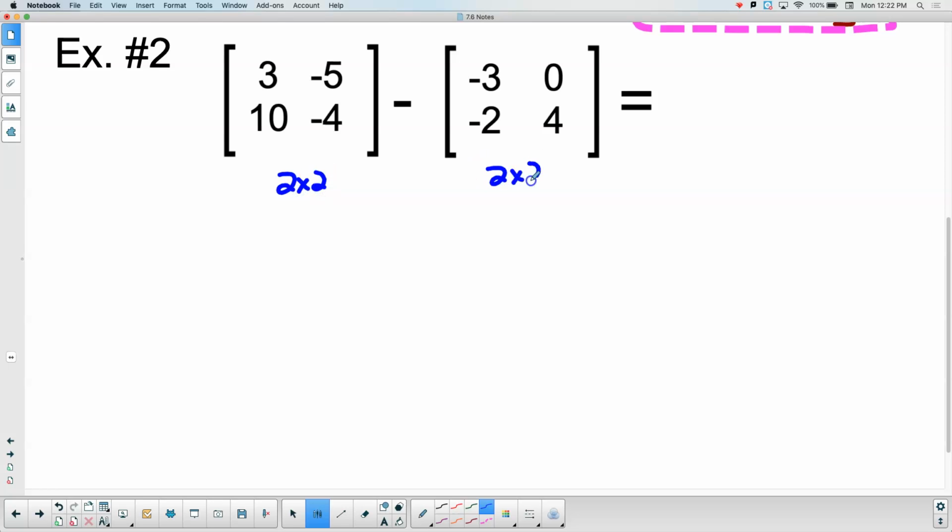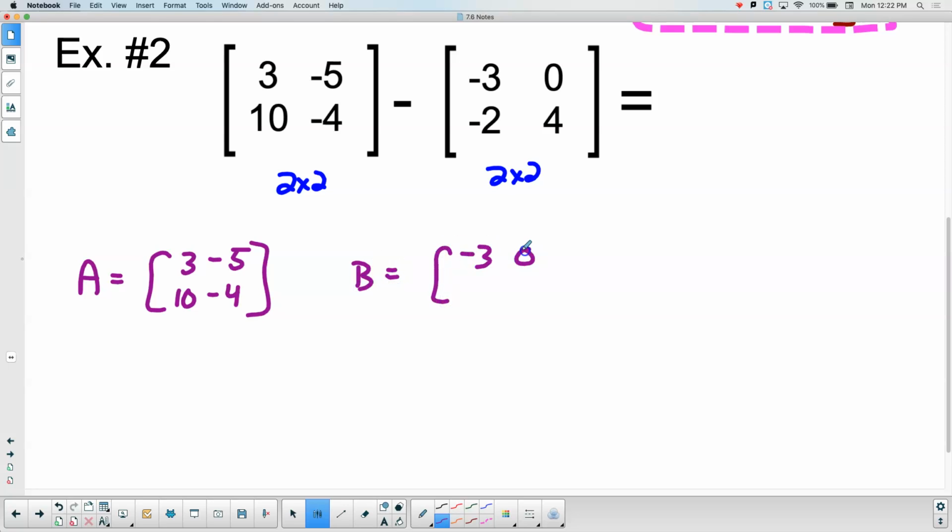Another side note, if I called this first one matrix A and I called the second one matrix B, I could do this exact same problem. Sometimes in the textbook, they might do this. I might do this on a worksheet or a quiz.